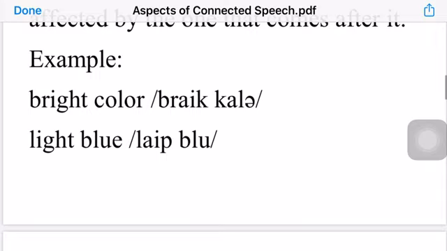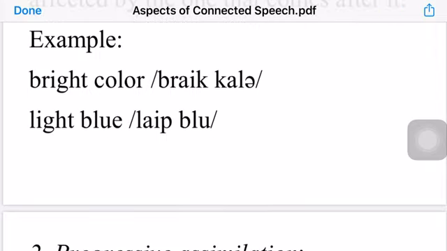Let's see some examples here. So we have the expression bright color. The word bright ends with the T sound, and the word color starts with the K sound. When we say this expression in fast speech, in connected speech, the T will change into K to be similar to the K sound at the beginning of the word color.